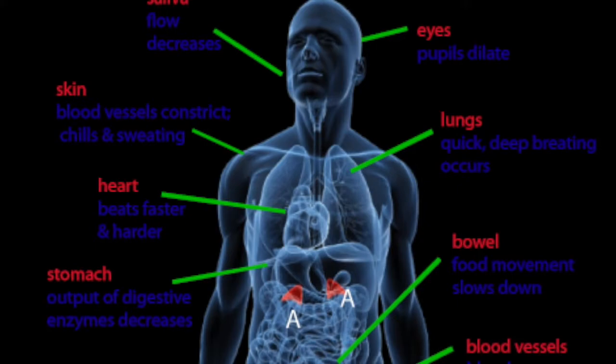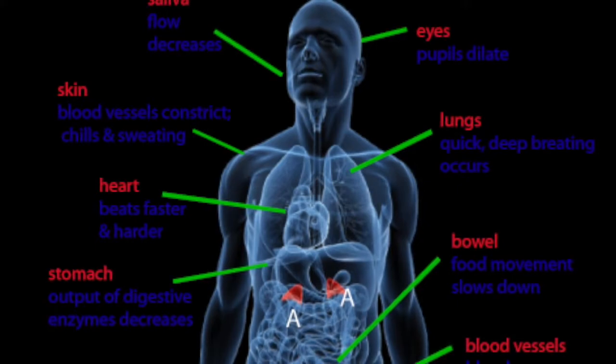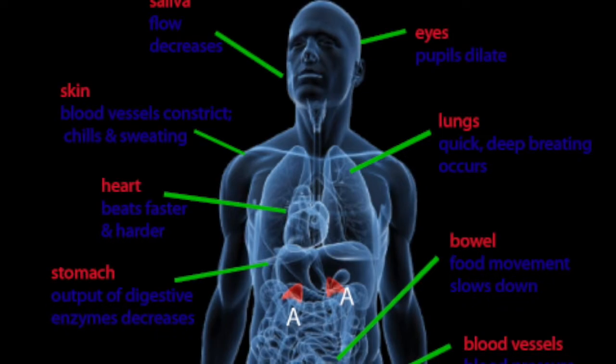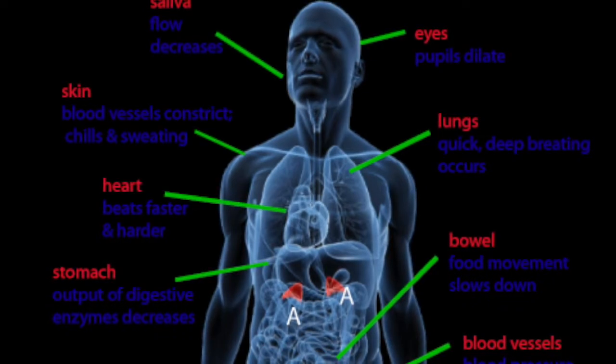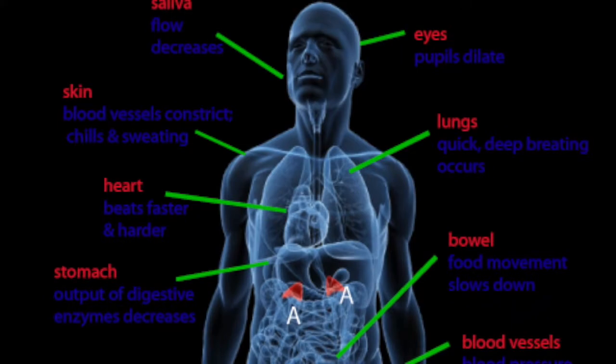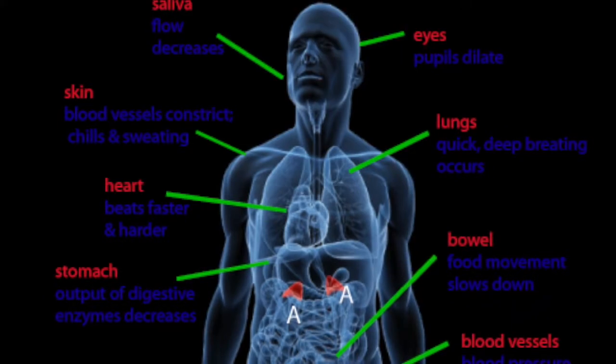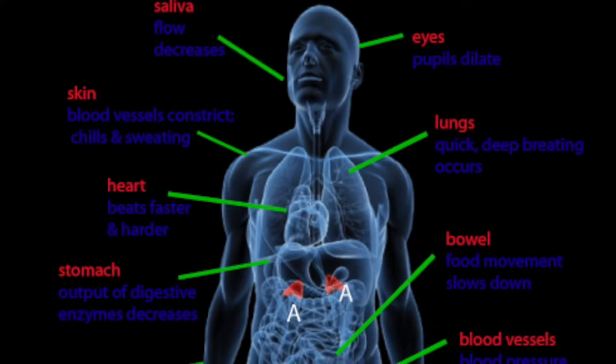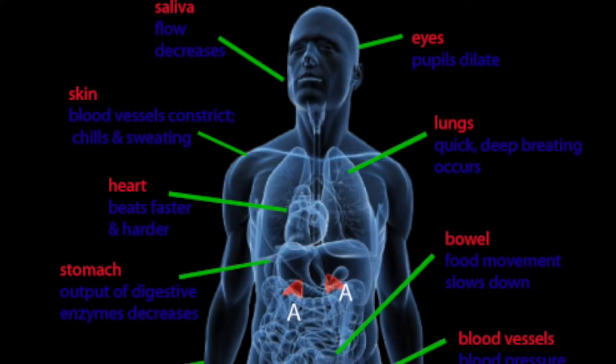It's vasoconstriction. So that also causes an increase in blood pressure. So perhaps an indication that we would need epinephrine is if a patient is in shock and their blood pressure is dropping. They're very hypotensive. We would want that blood pressure to go up. So epinephrine would be a good choice there.